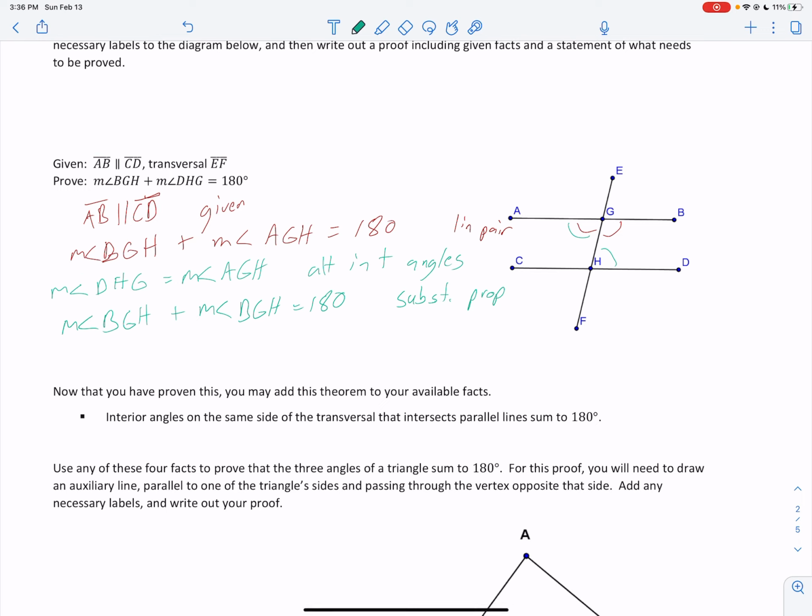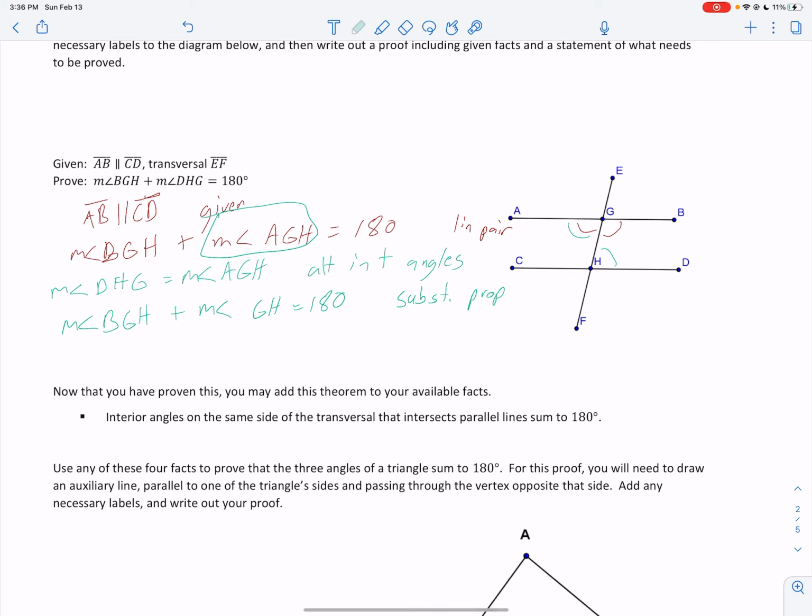So again, the way I did that is I set up this equation because these are linear pairs. We know that. That's one of the things that we can use. And we know that we can use alternate interior angles to say that these two are equal. That way we can replace this part that we don't need for our proof with something that actually relates it to something that we do need for our proof. So instead of writing measure of angle AGH, we'll write measure of angle DHG.